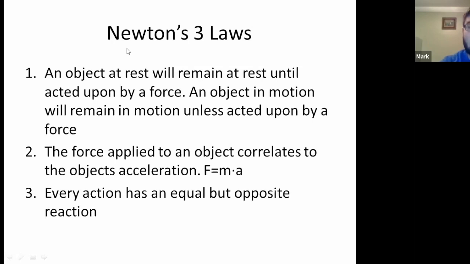The second law is that the force applied to an object correlates to the object's acceleration. So this is the classic equation F equals ma, where F is force, m is mass, and a is acceleration, as we mentioned earlier. This is the basic equation that we'll be using for all of our forces, essentially, and it's kind of the fundamental equation for force.